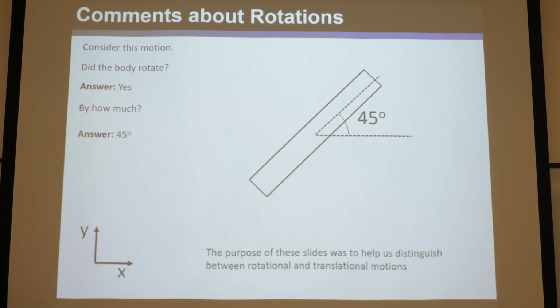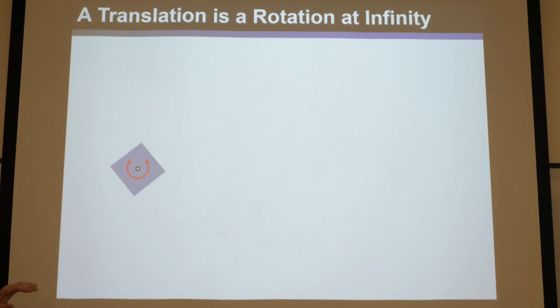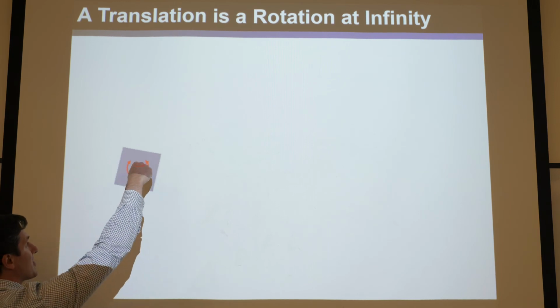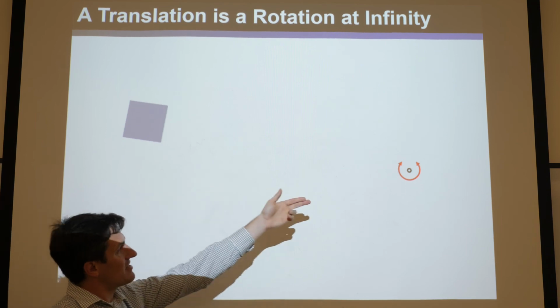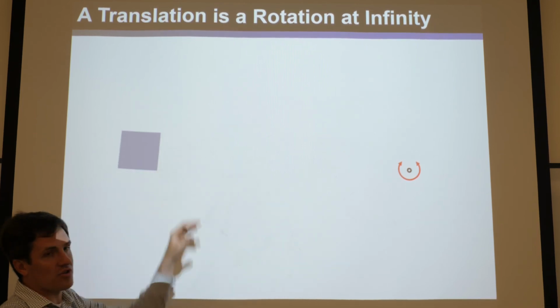Okay, so the purpose of these slides, not only to confuse you, was to help distinguish between rotation and translation motions in your mind. They're pretty mysterious and interesting to think about. So just to confuse you even more, imagine a rotation of this block coming out of the page at you. As we move that rotational axis further away, you can see the block actually starts rotating less and less, and it starts translating more and more, because the radius of the rotation gets larger and larger.